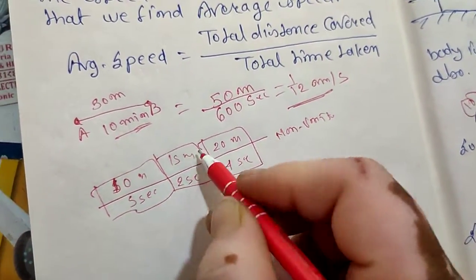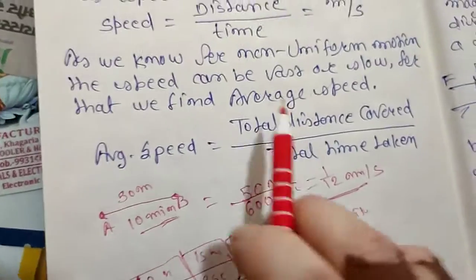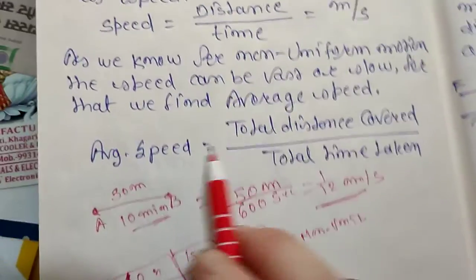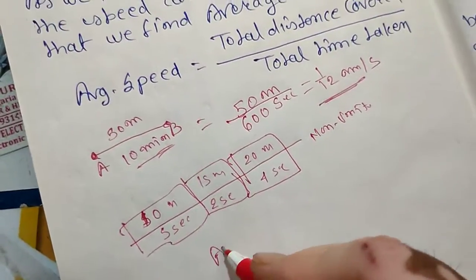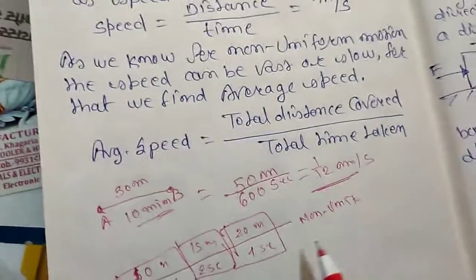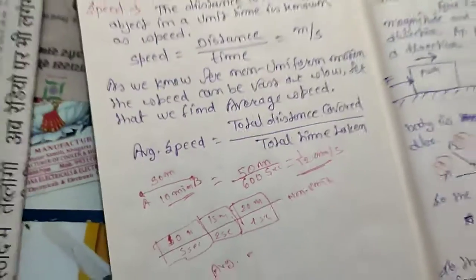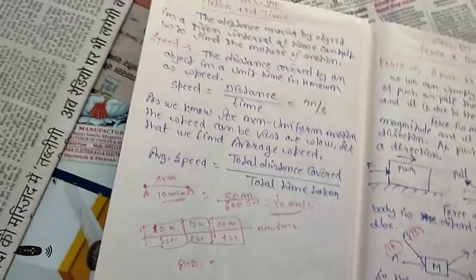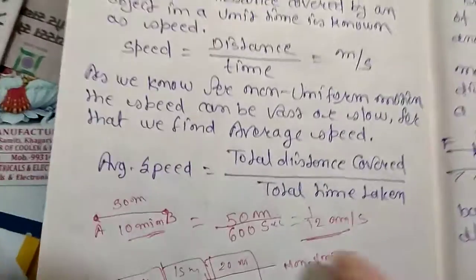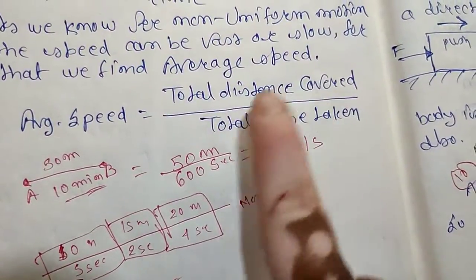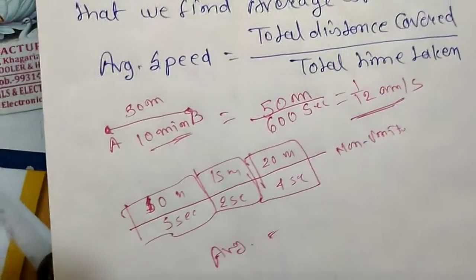So for this condition we have to apply a formula, average speed. In this condition we take the average of all speeds. Finding the average of all the speeds does not mean we simply add all the speeds. Here this is the formula: total distance covered over total time taken.